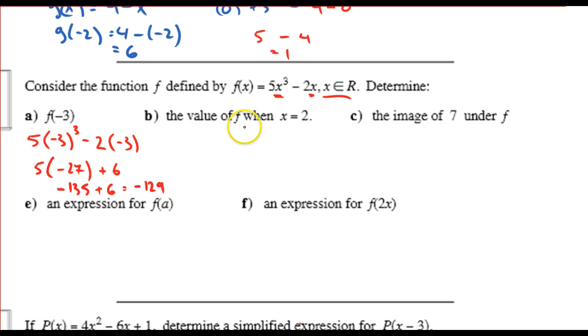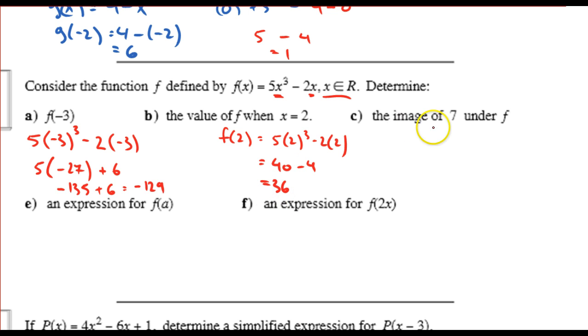The value of f when x equals 2 is just another way of saying f at 2 equals 5 times 2 cubed minus 2 times 2, which is 5 times 8, 40, minus 4, 36.